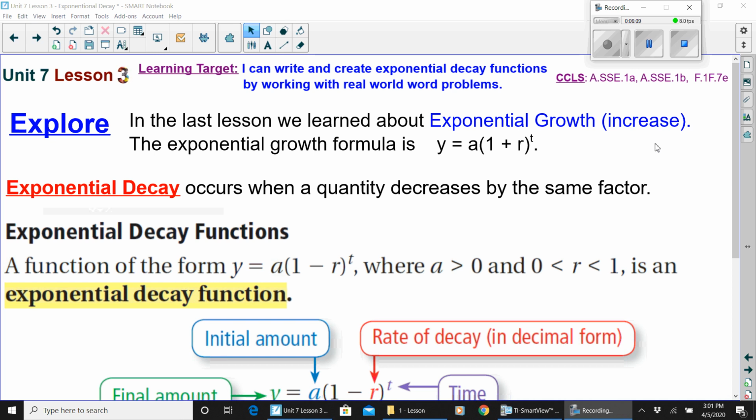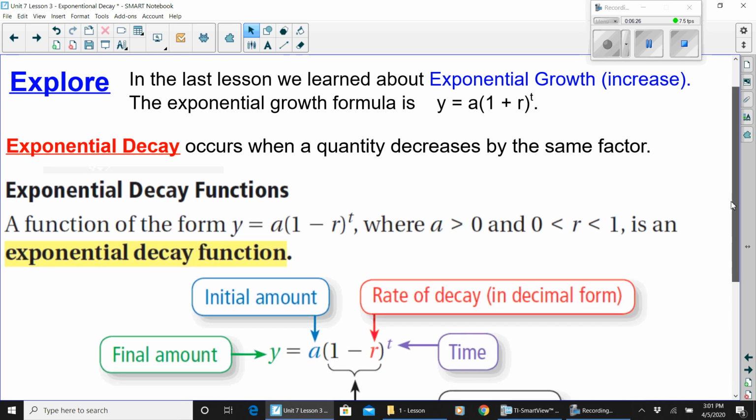And remember, for exponential growth the formula was y equals a times 1 plus r to the t. Decay will be the same formula, but instead of 1 plus r, it's going to be 1 minus r to the t.